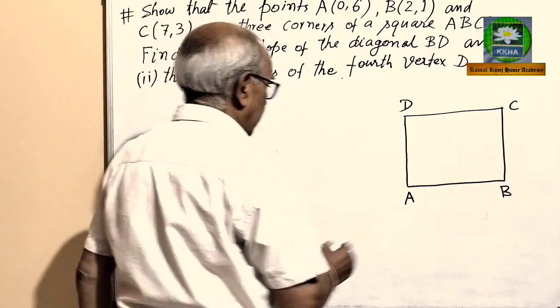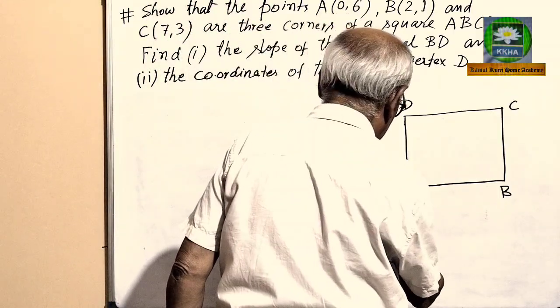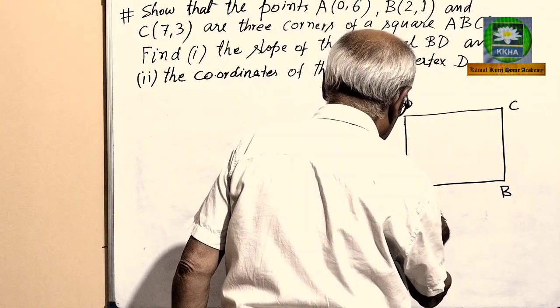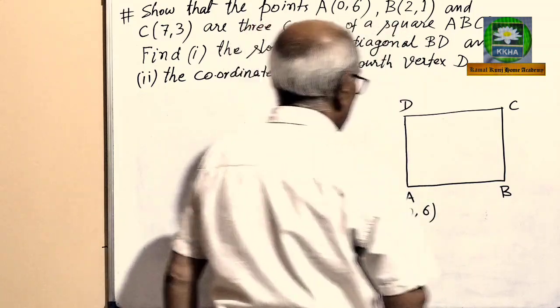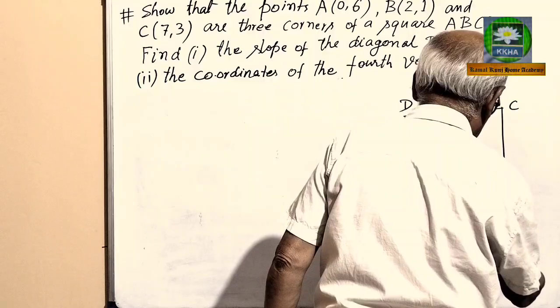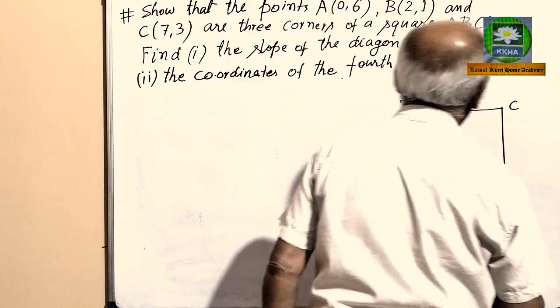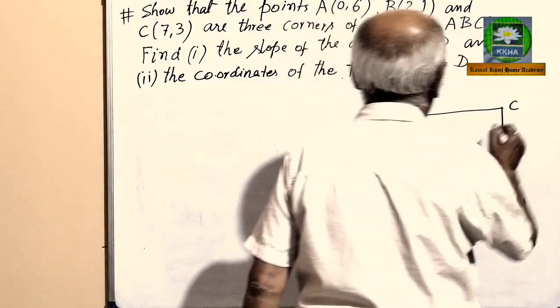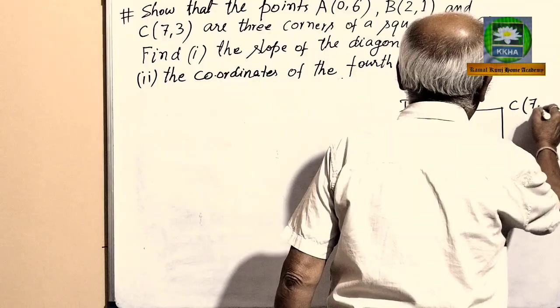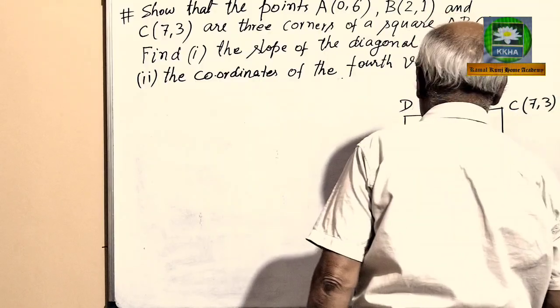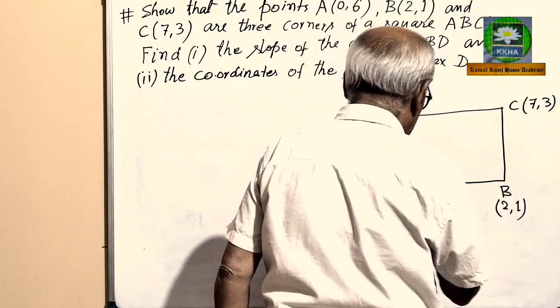The coordinates of A are 0 and 6. Coordinates of B are 2 and 1. And coordinates of C are 7, 3. Now join the diagonals.